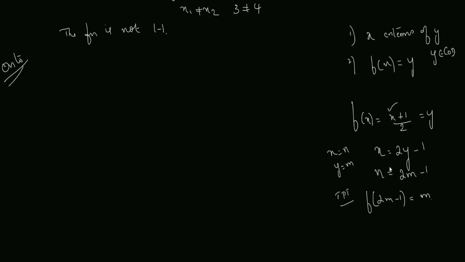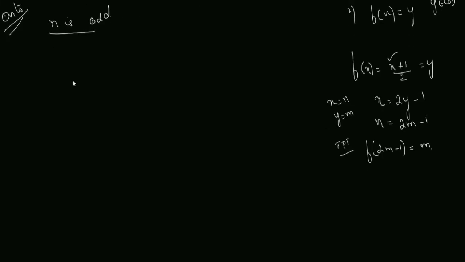So f of n is 2m minus 1. Let us check. First, let us take case 1, n is odd. So if n is odd, we have to check if f of 2m minus 1 is equal to m.